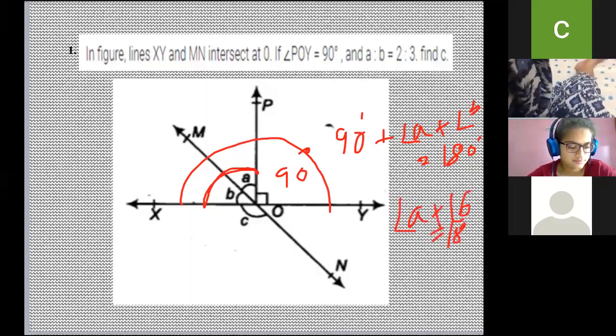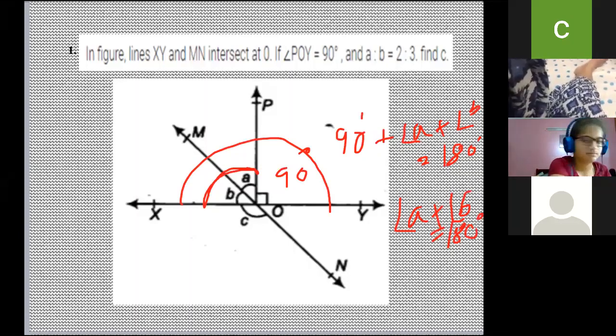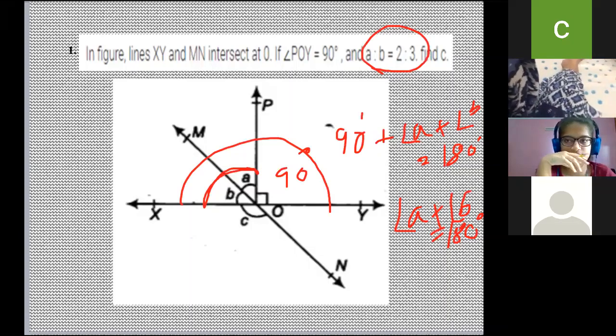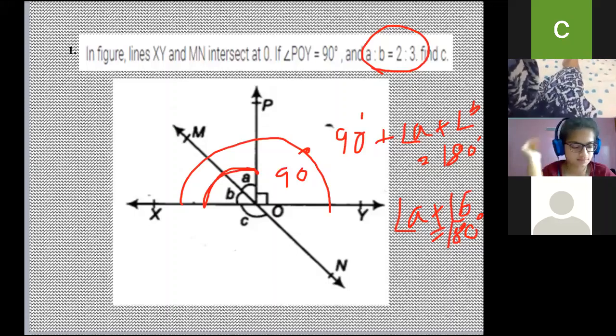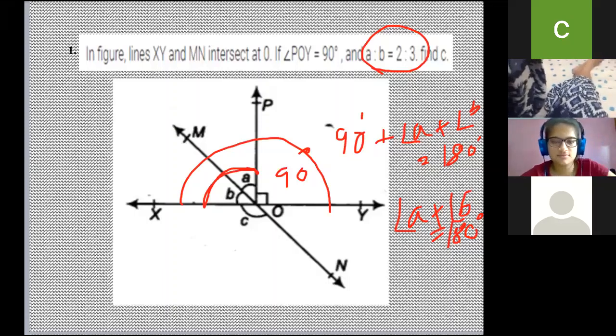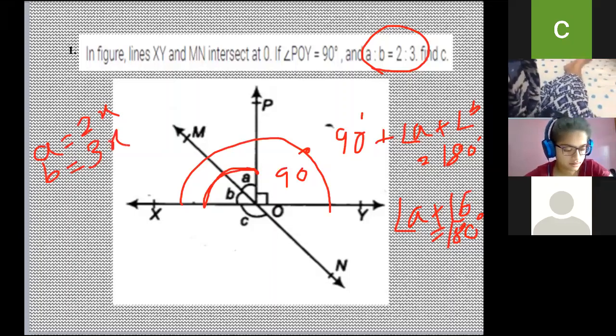So once again, we'll go back to the question, children. A is to B is given in terms of ratio. This we have learnt in 6th standard, children. Whenever it is given in terms of ratio, we can consider it in terms of x, yes or no. So let A equal 2x and B equal 3x. You are getting it, children?